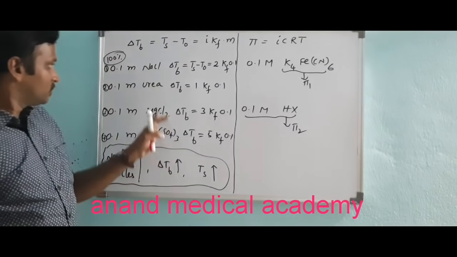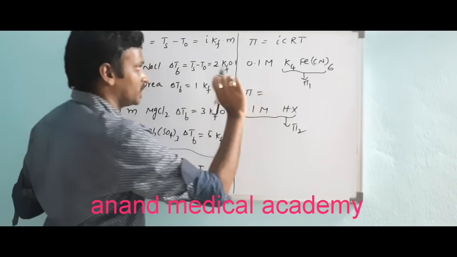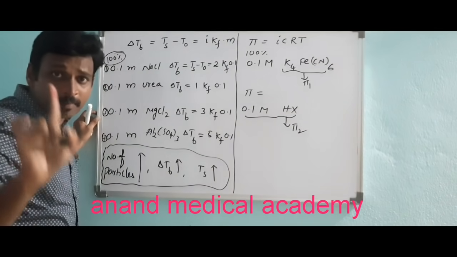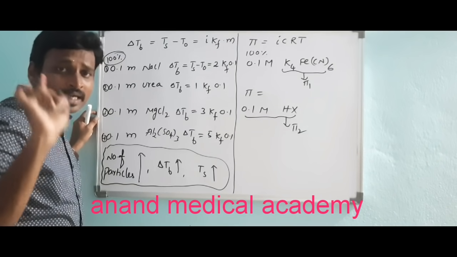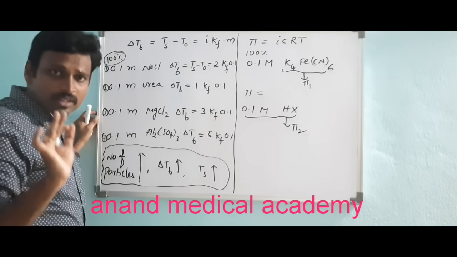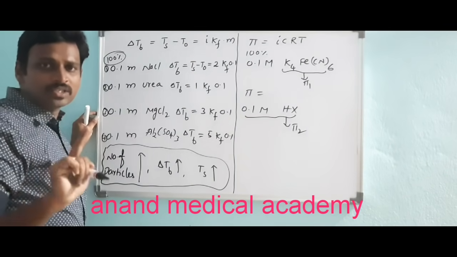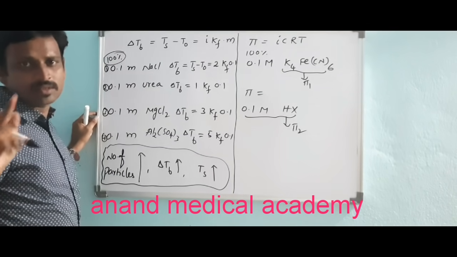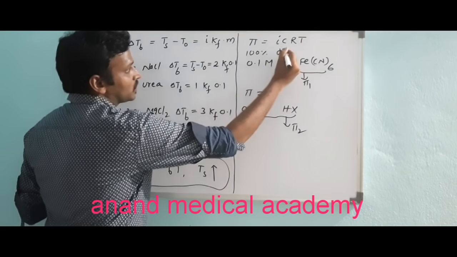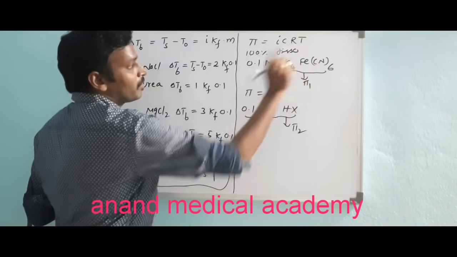It's very clear. In the same way you can write here pi is equal to iCRT, with 100% dissociated. They will give you 100%, 60%, 70%, like that. Don't worry. If it is not given, then take 100% dissociated, then i is equal to number of particles. Note it down. 100% dissociated means i is equal to number of ions.